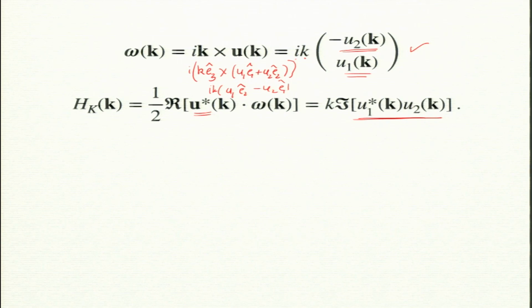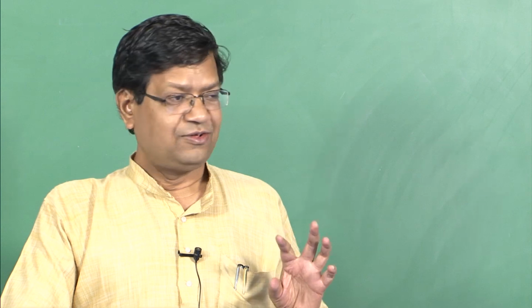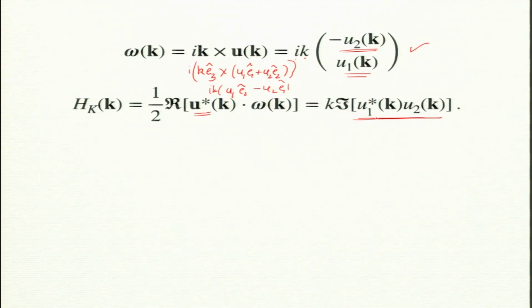What does it tell you? It tells you that both u1 and u2 must be non-zero, and if both of them are real, what happens? The imaginary part will become 0. If one is real, the other must be imaginary, and if the other is real, then the first one is imaginary.